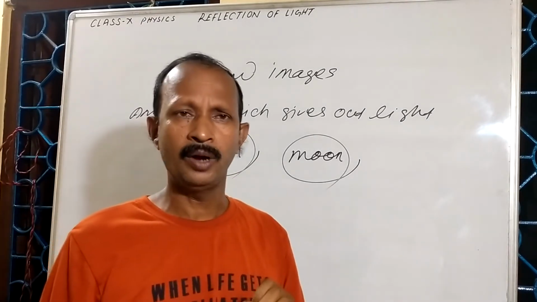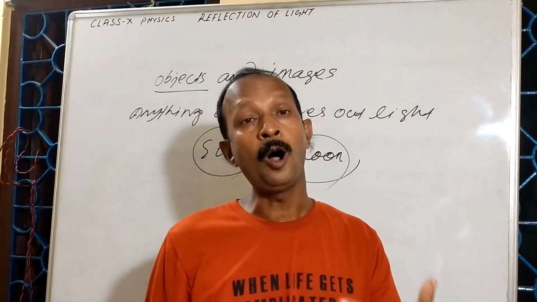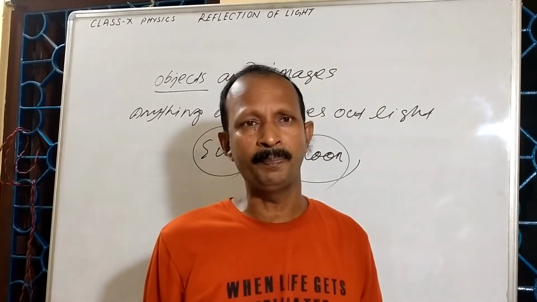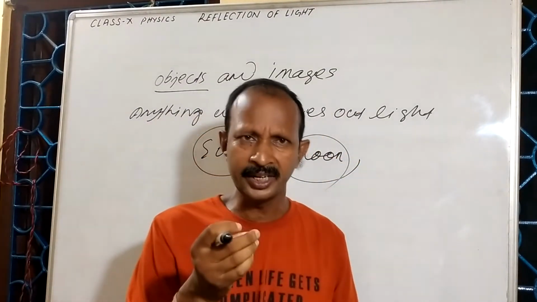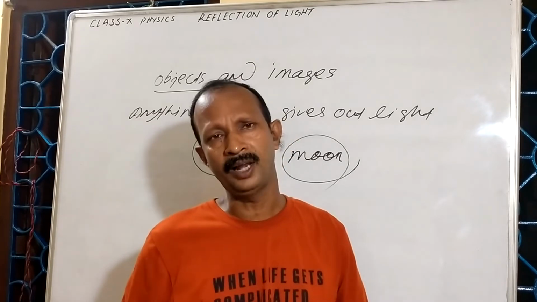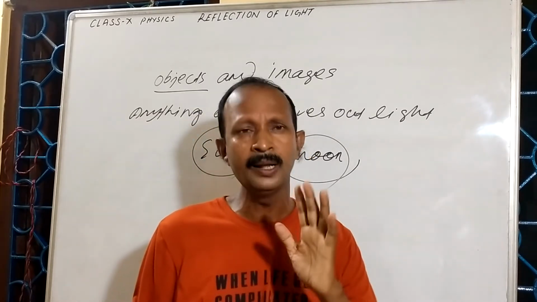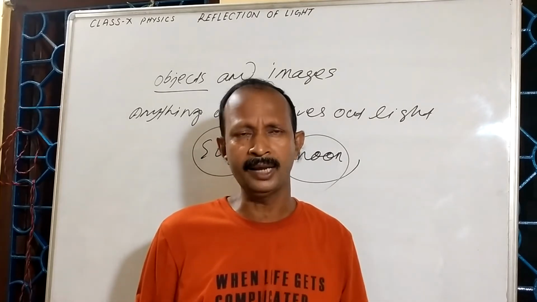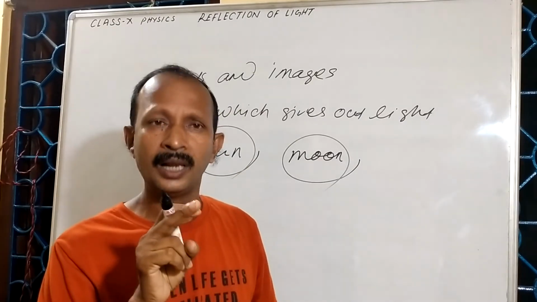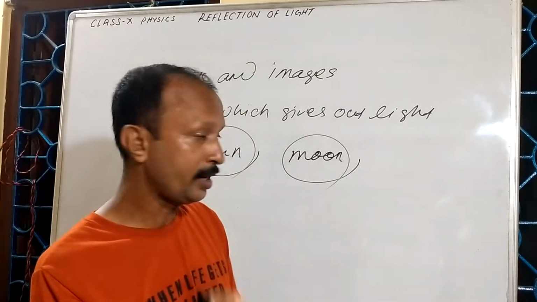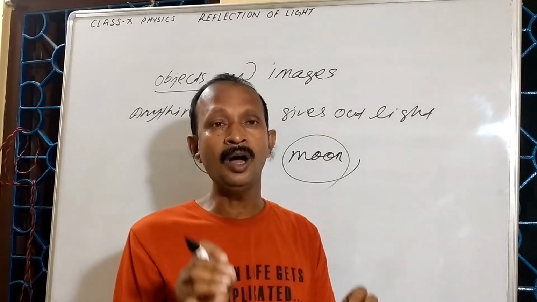So clear? I am telling the meaning of object in the aspect of optics or the light topic. Any words I am using, I am telling their meaning in the context of the topic, reflection of light or optics. Its meaning may be different in different places, but the meaning I am saying is in the context of light or optics. So anything we can see, we will consider as an object.